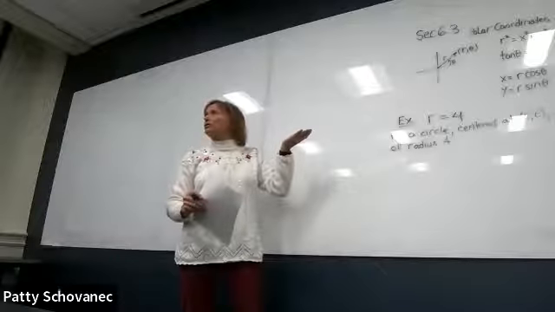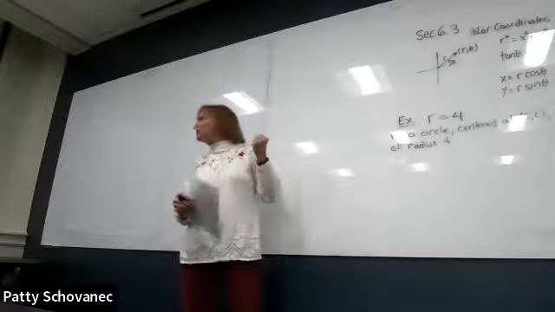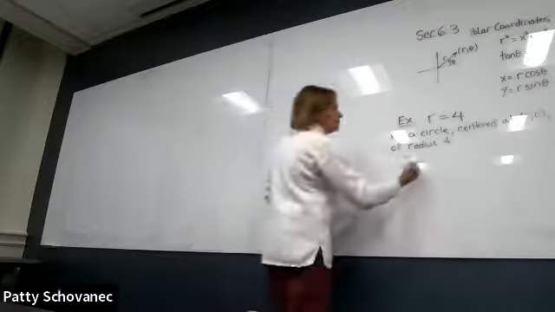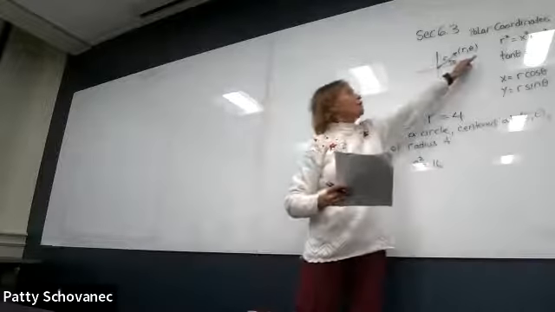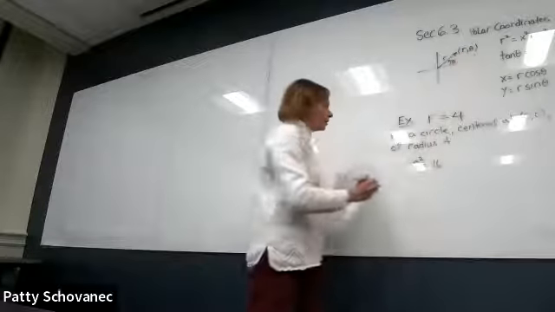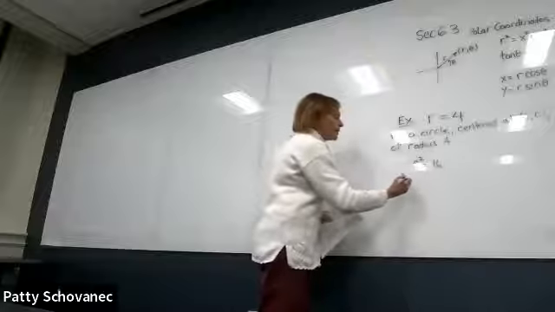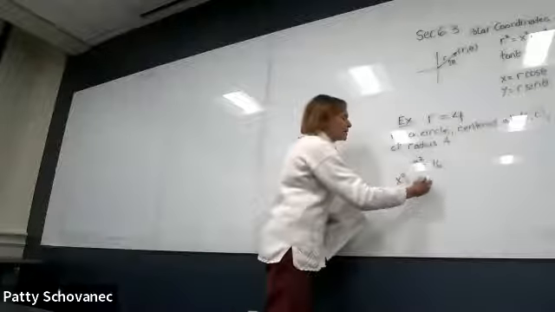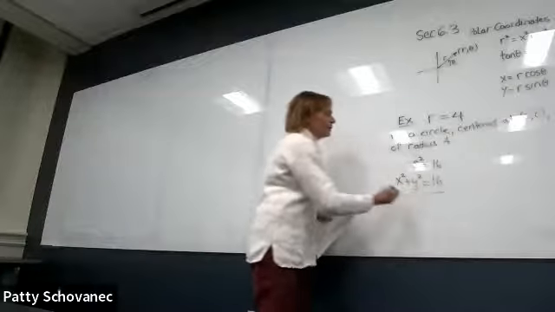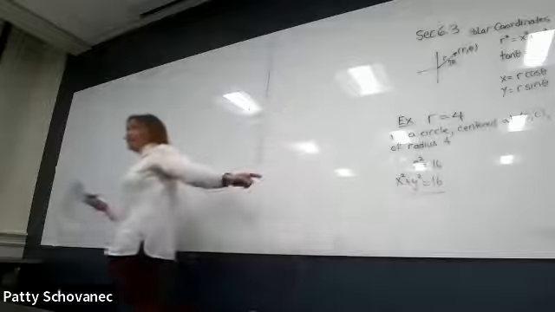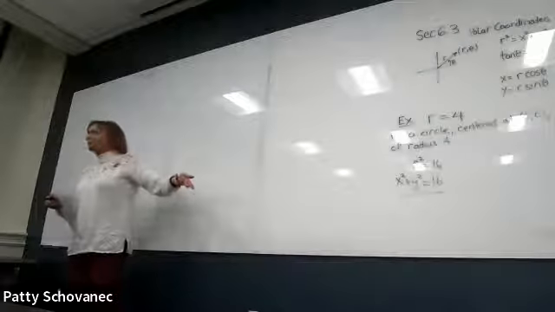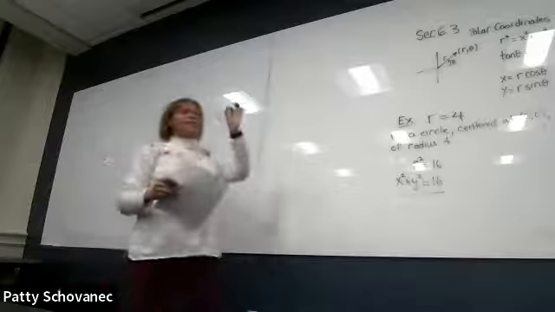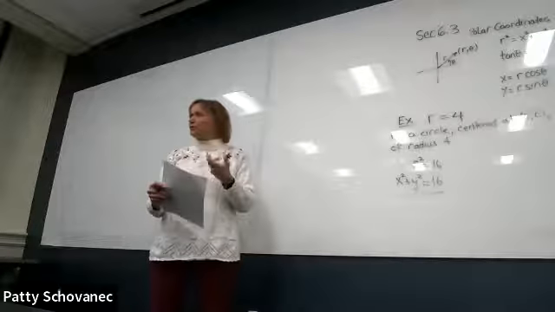Take that equation, square both sides, and you get r squared is equal to 16. Then use our conversion factor that r squared is x squared plus y squared, and bam, I've converted that formula to rectangular coordinates, and hopefully you recognize that now as the equation of a circle centered at the origin of radius 4. So when you see r is equal to a number, you know you've got a circle.